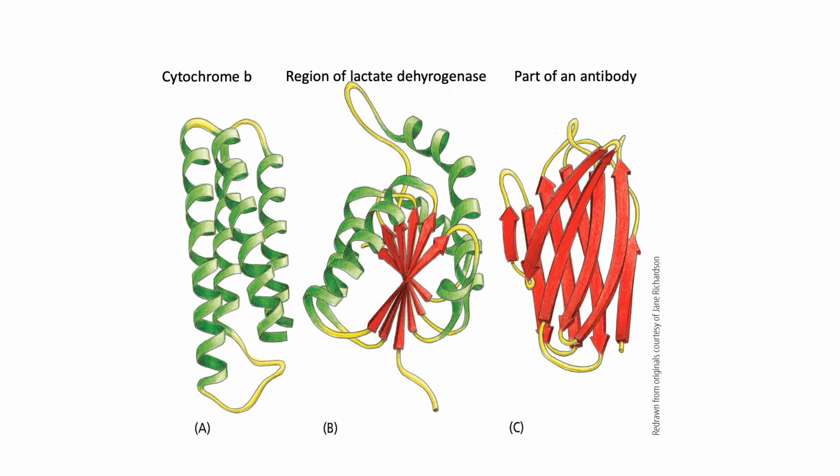Now, the information that generates these ribbon diagrams does not just come from, oh, we think these have an alpha helix, we think these have beta sheets. They actually come from experimental analyses of protein structure, and then we represent it like this.